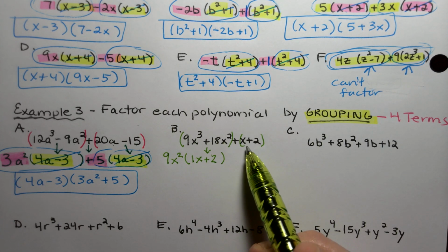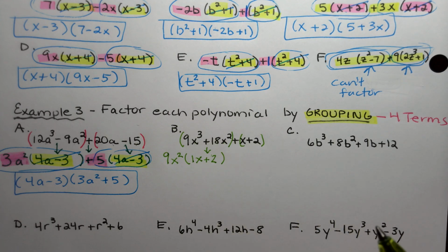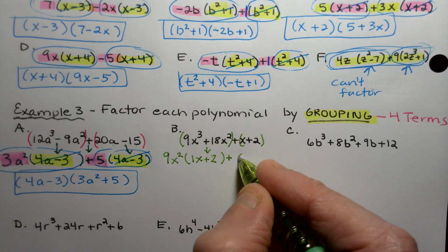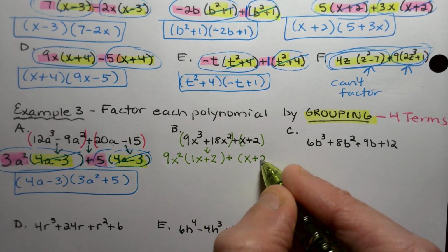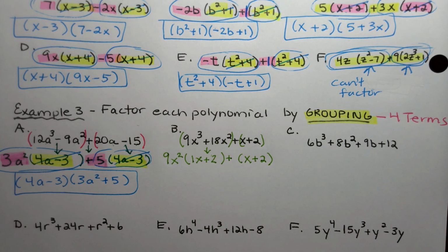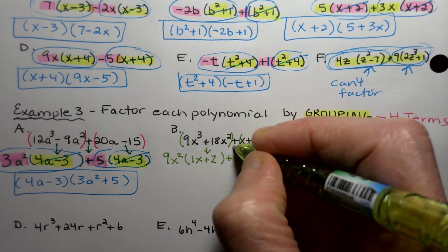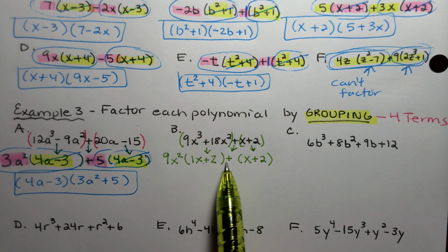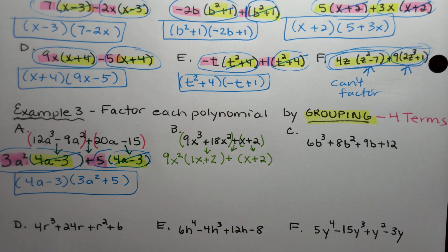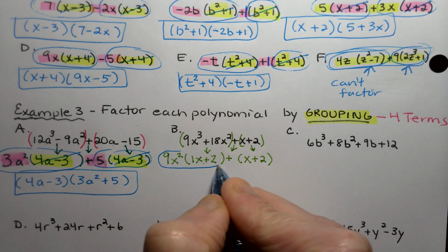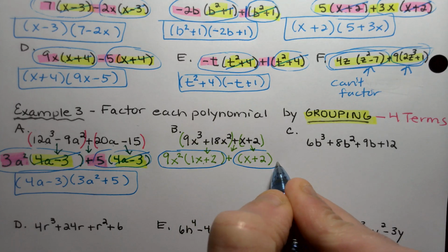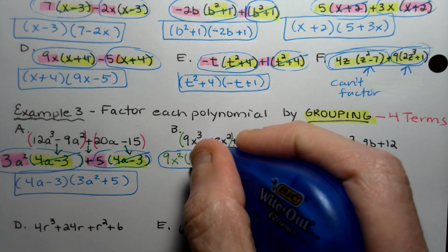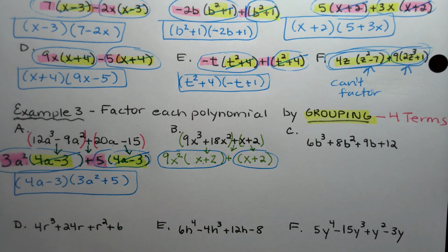Let's look at the next parenthesis, x plus 2. Is there anything we can factor out of that? No. So I shall just leave it. Because now you're noticing, I know some of you are seeing it. Who's seeing it? Big group, big group. What's the same in both? Remember what I said, you don't have to have that one there.